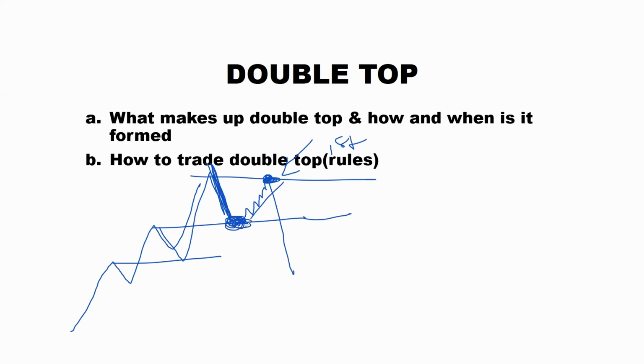Then also, the second group of people who would like to take a trade on this movement using the double top do so after the first top has been created, the second top has been created, and then we have broken the neckline. On the retest is when we take our trade, the second entry, for those people who want to take a trade that is a bit safe, right?